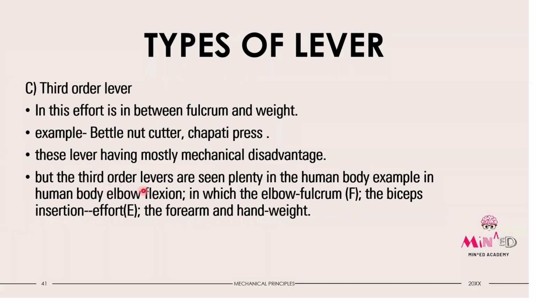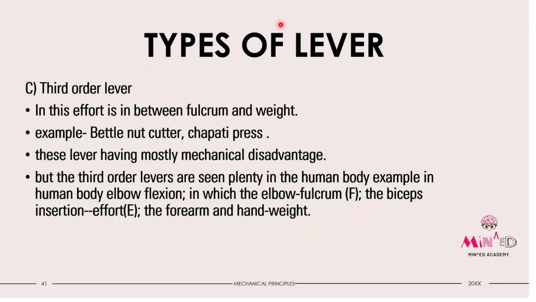Now, third order levers are seen plenty in the human body. You will find third order levers more in the human body. For example, in human elbow flexion, the elbow acts as the fulcrum, the biceps insertion is the effort, and the forearm and hand are the weight.